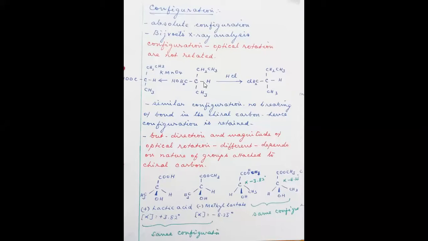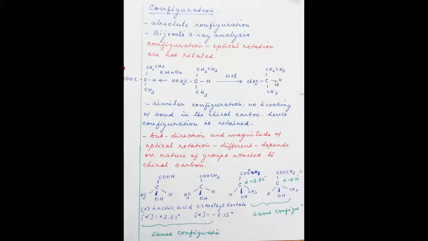Right. When I react this compound with hydrochloric acid, a chlorine substitution is taking place on the left hand side. This OH is replaced by chlorine. When the same molecule is allowed to react with KMnO4, which is an oxidizing agent, this alcohol group is oxidized to carboxylic acid group. Look here, the changes have taken place only in this group. So, the configuration is not changed.